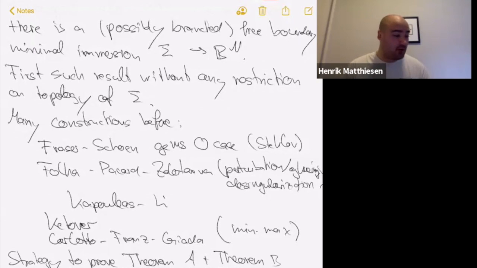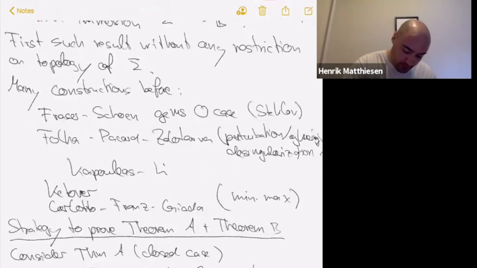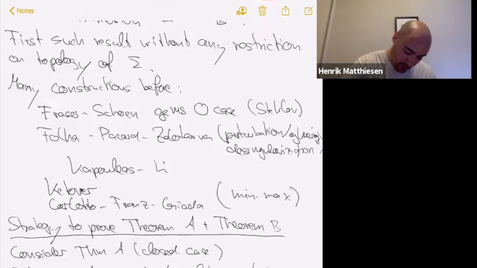But why is it helpful? Because that allows you to take a maximizing sequence now for the full problem, so maximizing over all metrics of the following type. And now you might also see how the singularities actually come in.